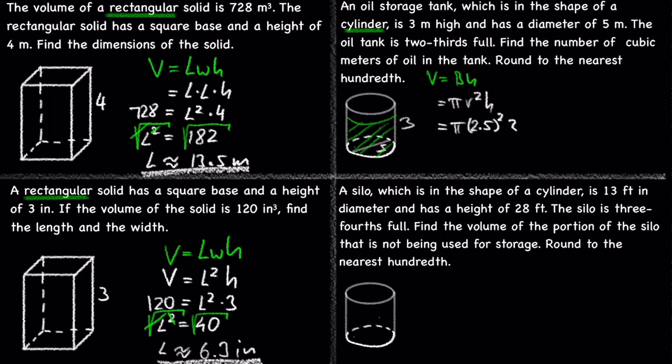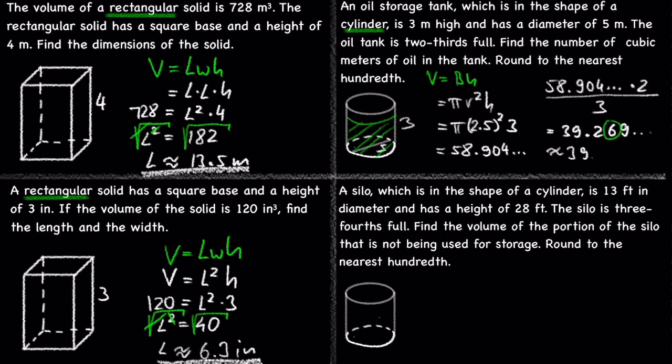And the height is 3. So we get 58.904 and so on. 2/3 of this number is 58.904 times 2/3, which is 39.269 and so on. This is the hundredths place. So we get approximately 39.27 cubic meters.